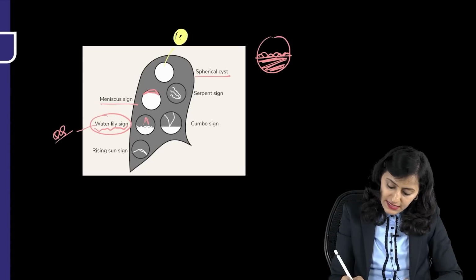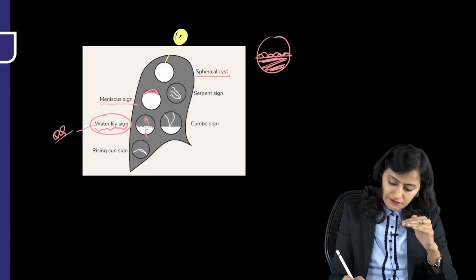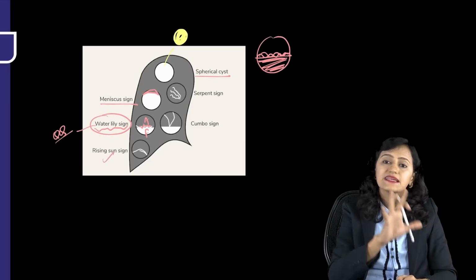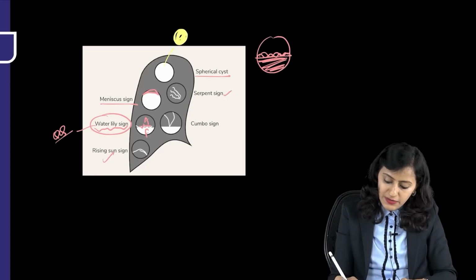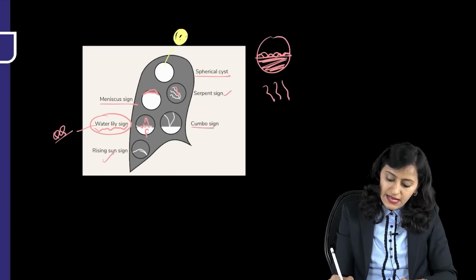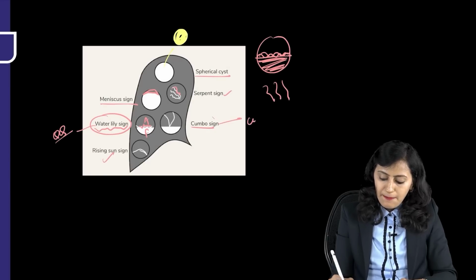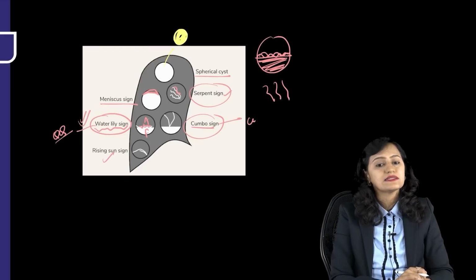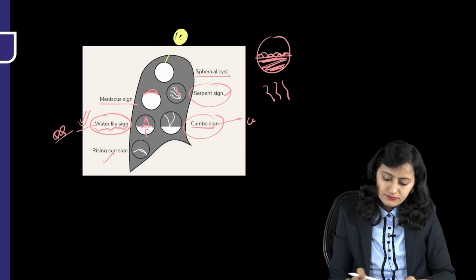So water lily sign is air fluid level with the water lily floating. Those are the membranes floating. Other signs are the rising sun sign. You might see this serpent sign, the ruptured membranes looking like the serpent, and the other sign is the Cumbo sign. So remember these signs, and hydatid water lily is very, very important.